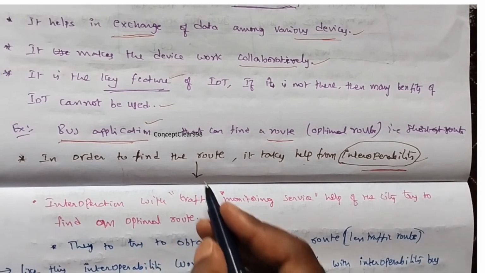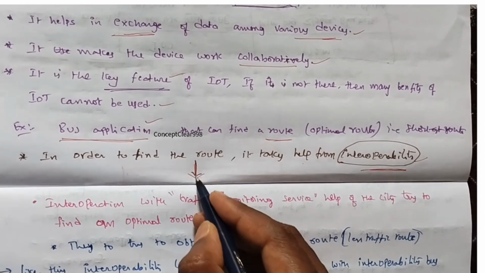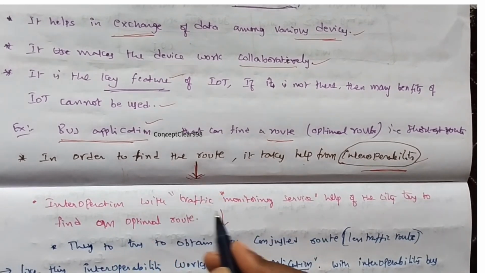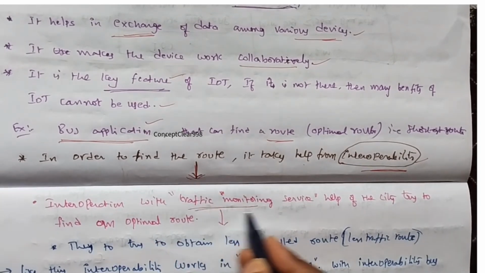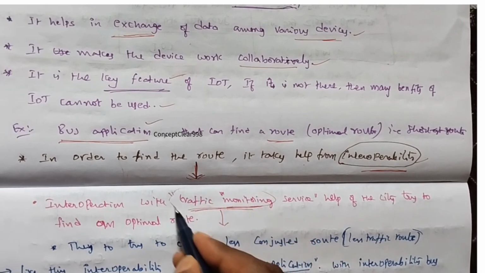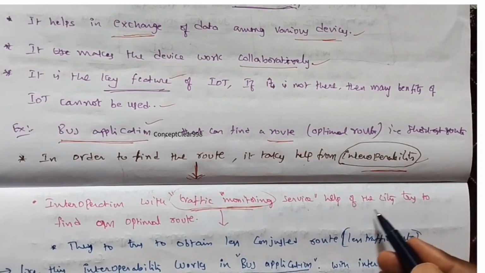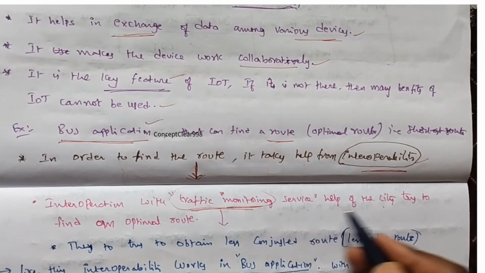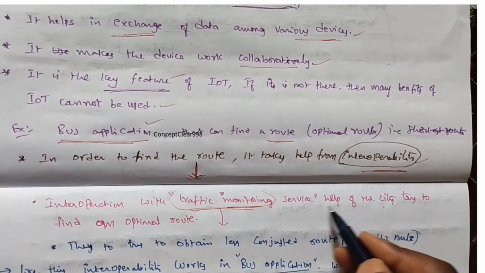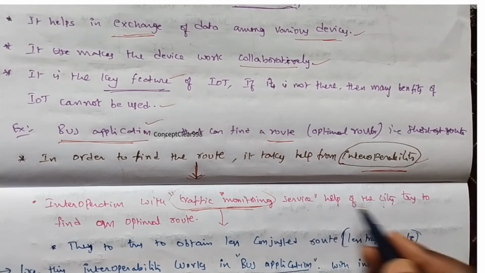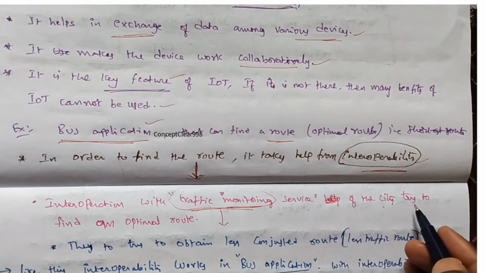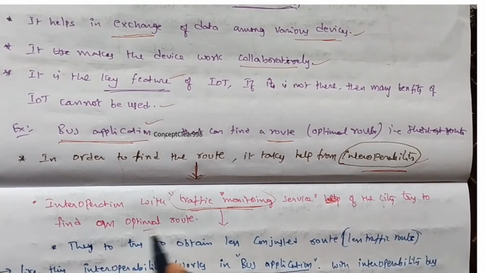Here is the step by step interoperation with traffic monitoring. With the help of the city's traffic monitoring service, it tries to find an optimal route.